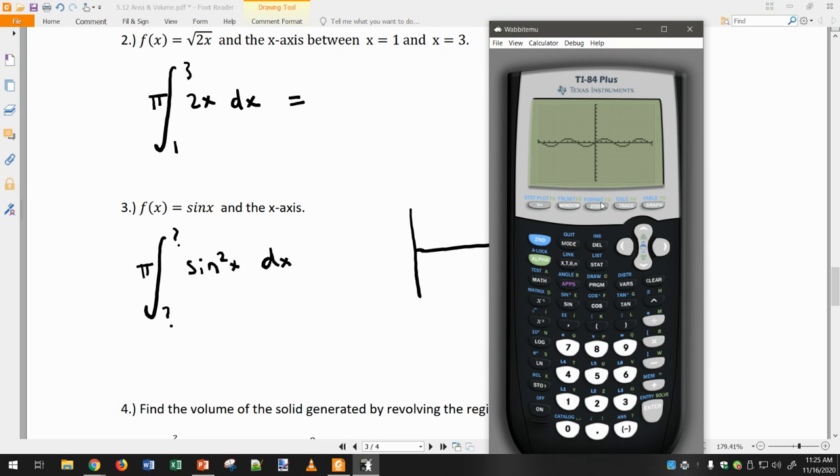So let's just say from 0 to, I'm going to zoom in a little bit or change the window to be just a positive window. So let's say from here to here and just rotate that region 360 around the x-axis.